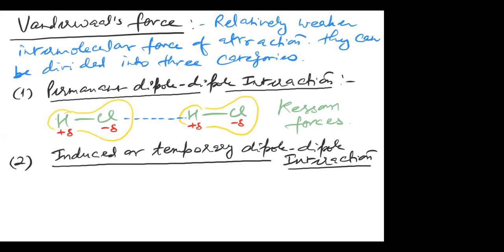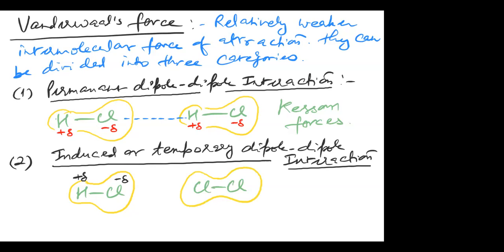Here you can see, let's say one of the molecules already has a certain dipole moment. For example, in the case of the HCl molecule, it already has a dipole moment, H plus and Cl minus. And it can induce some dipole moment on the molecule of Cl2, as the negative pole of chlorine repels the electron cloud, so it acquires partial positive charge and partial negative charge.